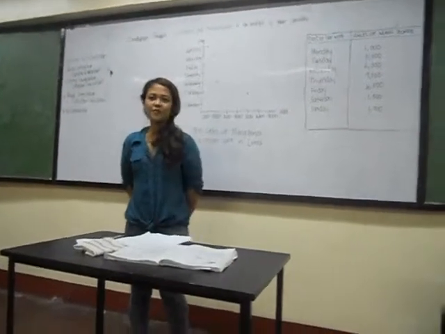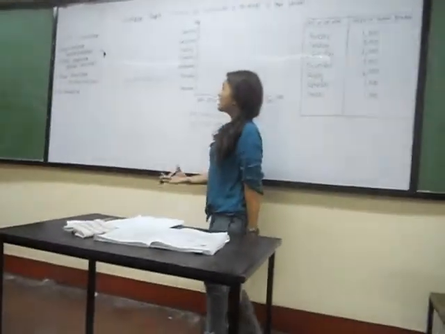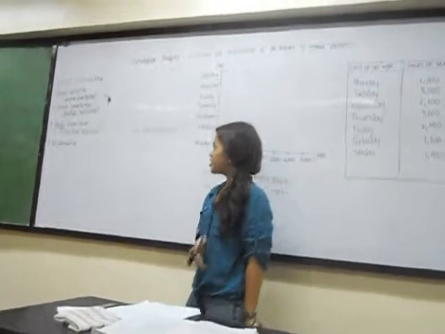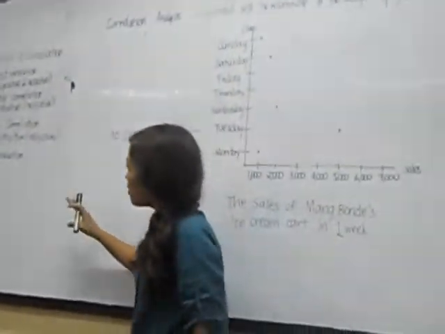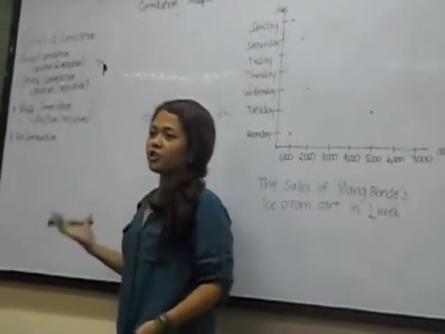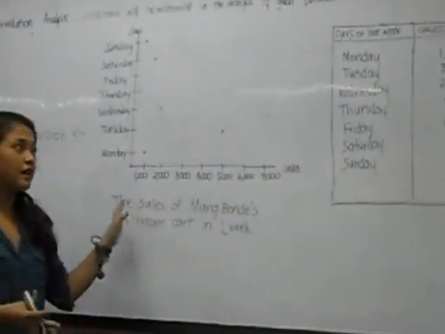Good afternoon, everyone. I'm Jero Payang, and I will discuss the last degree of correlation, which is no correlation. From its own word, no correlation means no relationship among the variables in the table. So here's my table.